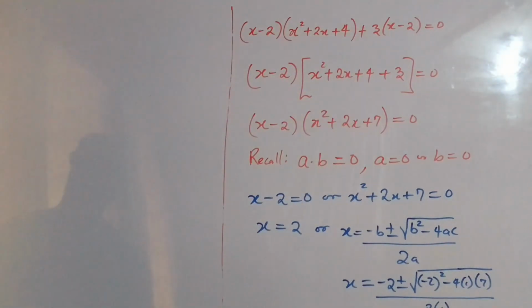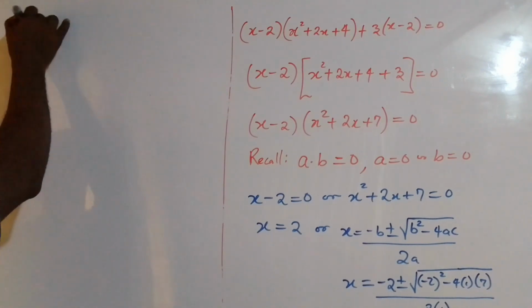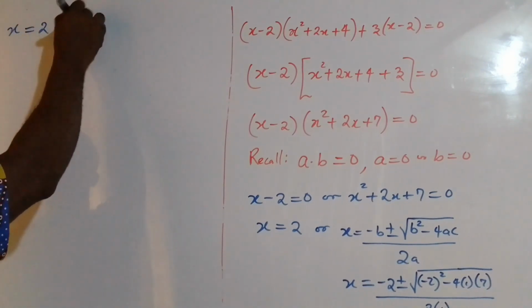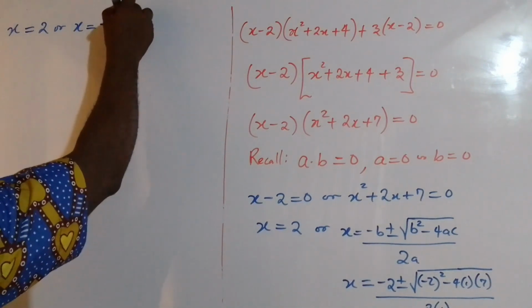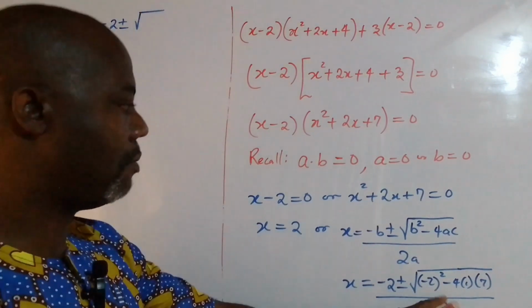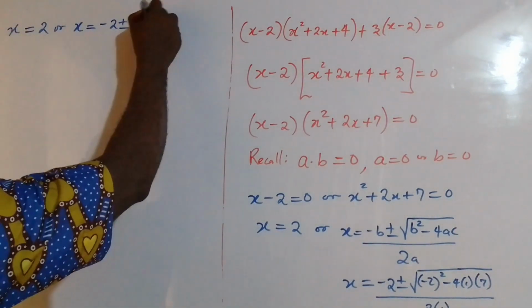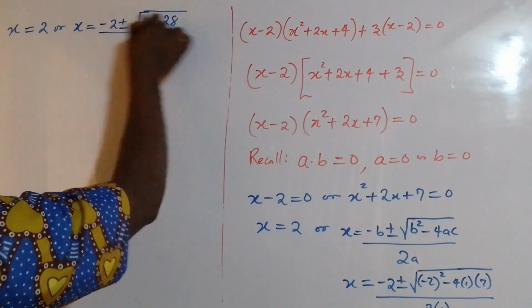Alright, so we say x equal to 2 or x equal to minus 2 plus or minus square root of 4 minus 28 all over 2.